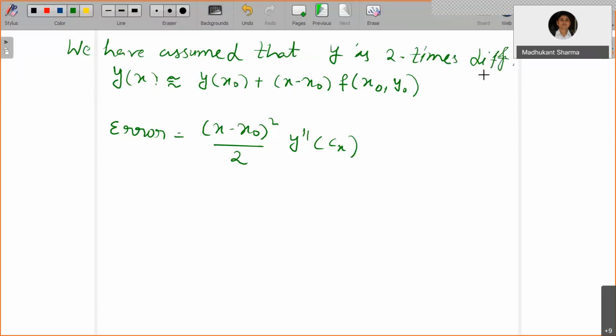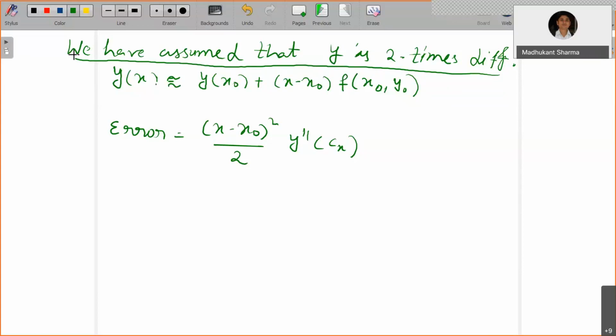Now you can check from Taylor's theorem that it is giving you a good approximation in the neighborhood of the point x naught.